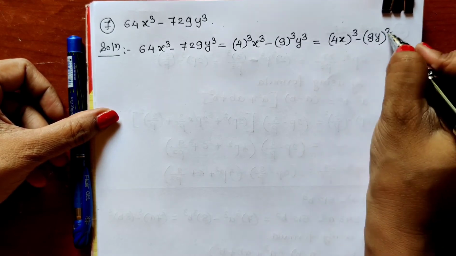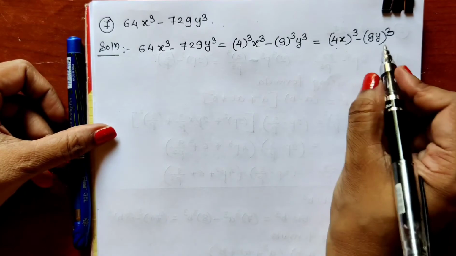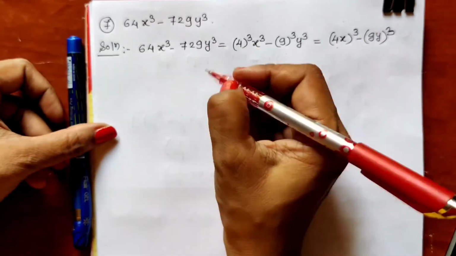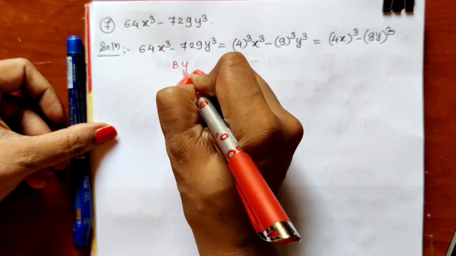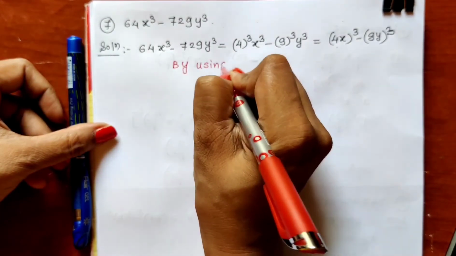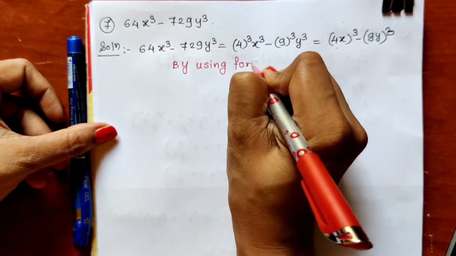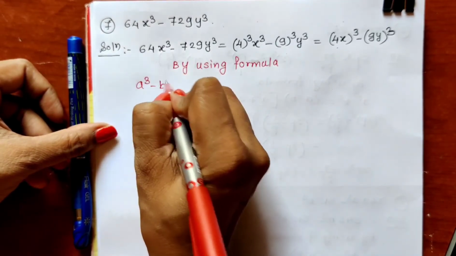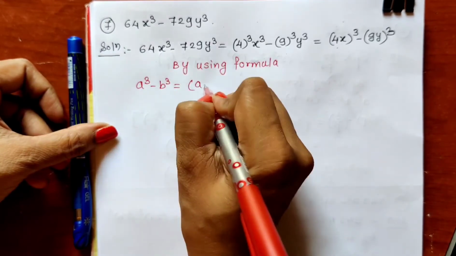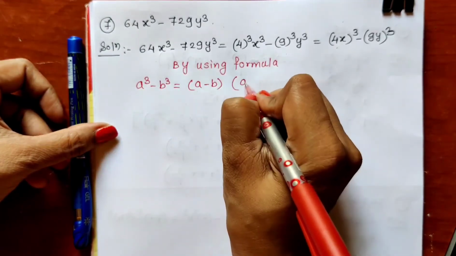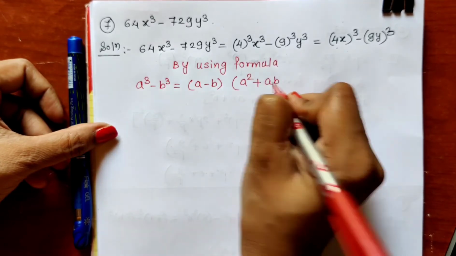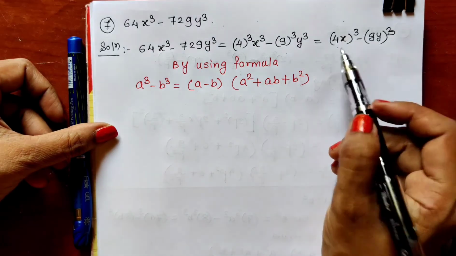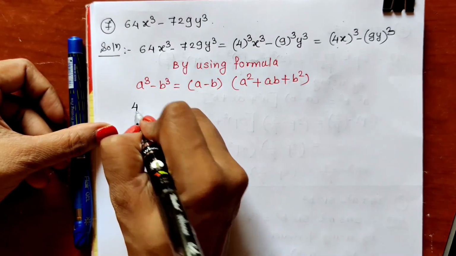So as we have got it in the format of a cube minus b cube, we can apply our formula. By using formula, write the formula: a cube minus b cube is equal to first bracket a minus b, second bracket a square plus ab plus b square. Now we will be applying the formula to this expression.